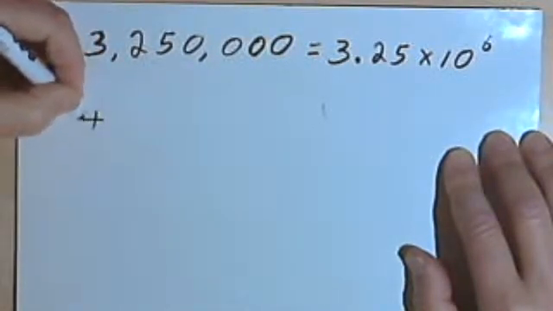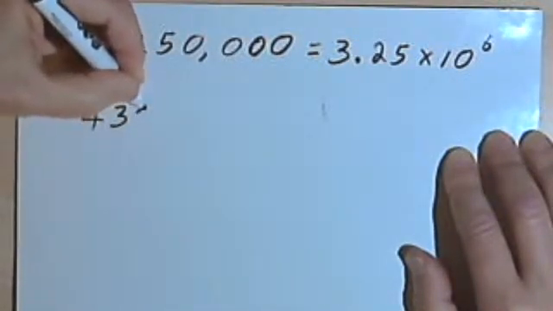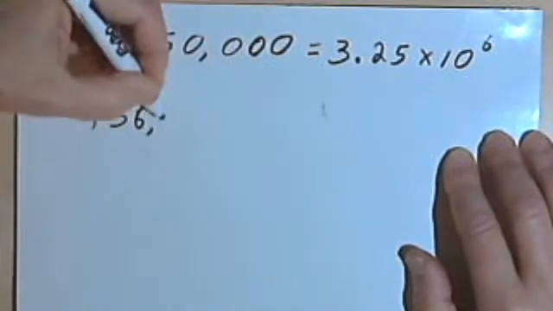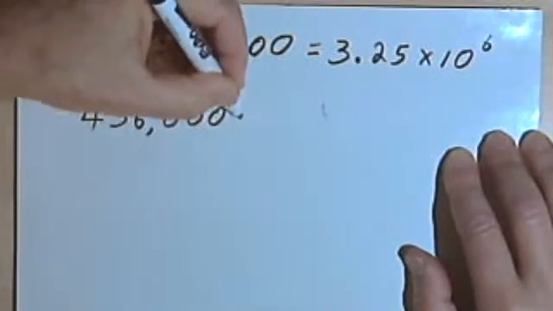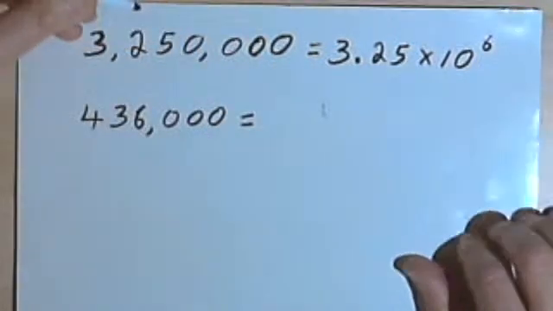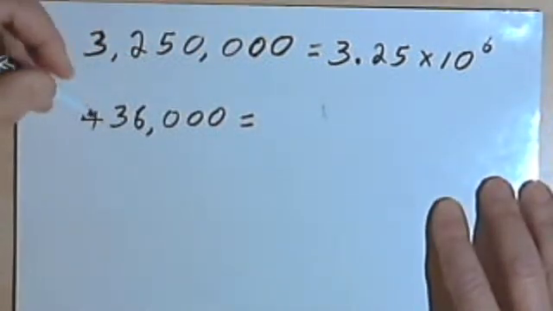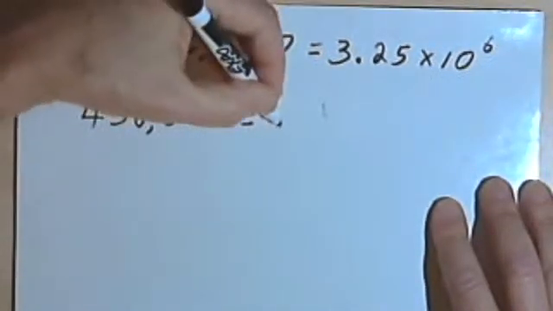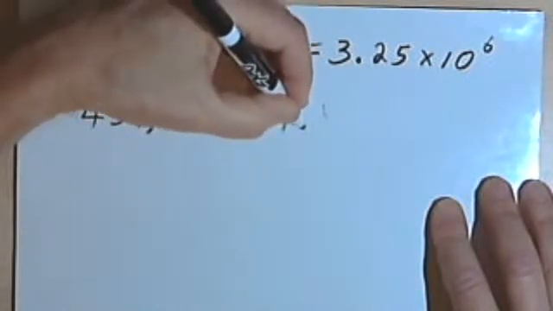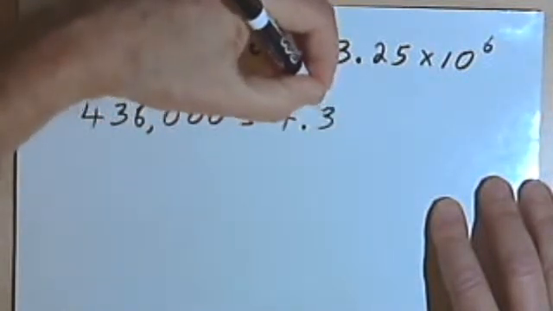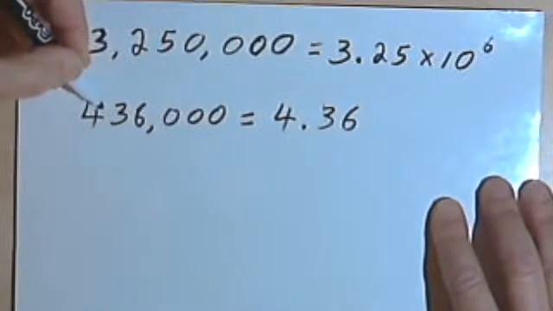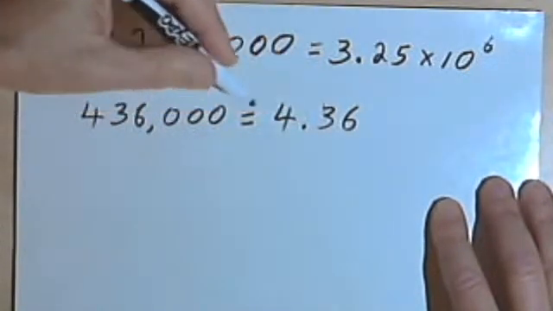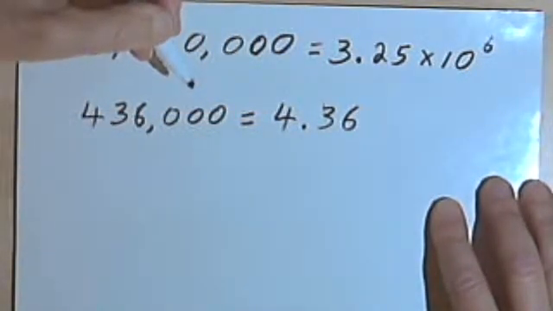So let's say I have 436,000. And I want to convert that to scientific notation. So I take the first digit, the 4, follow that by a decimal point, and then a 3, 6. I've taken a big number and made it smaller, so I have to multiply it by a big number to make it big again.